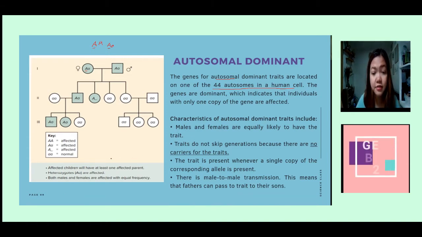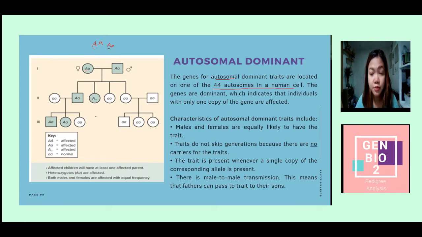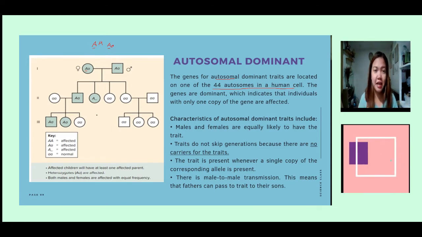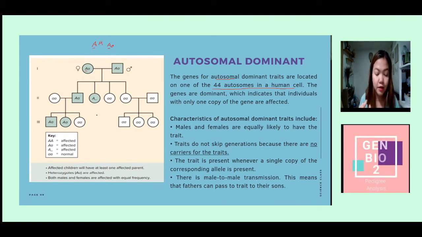So this means mothers can pass the traits to their son. And sex-related inheritance kasi there are instances na if the male parent is affected, pwede niya nang mapasa yung trait na yun or yung gene sa daughters, sa babae. Hindi pwede sa lalaki.